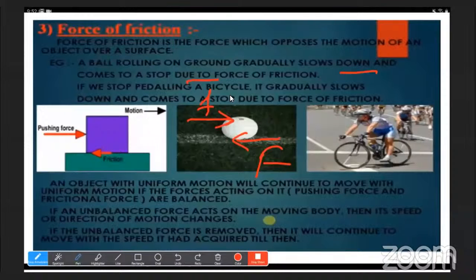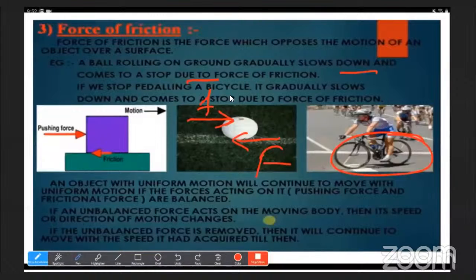So that's why here the speed of the ball gradually decreases. Finally, it comes to a stop at certain points. So if we stop pedaling a bicycle, what will happen? So it gradually slows down and comes to a stop due to force of friction.